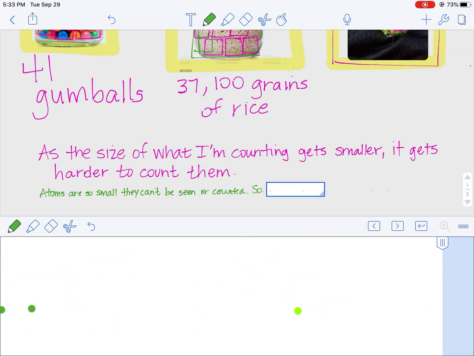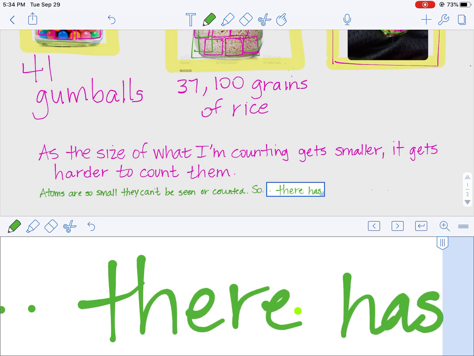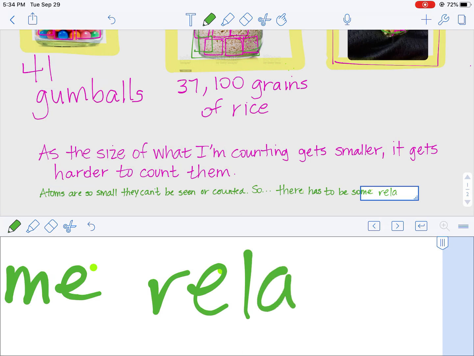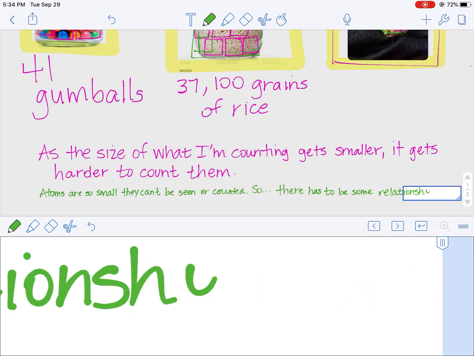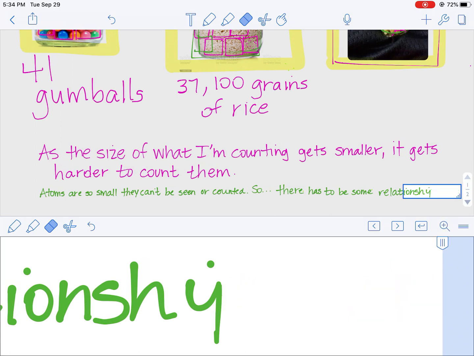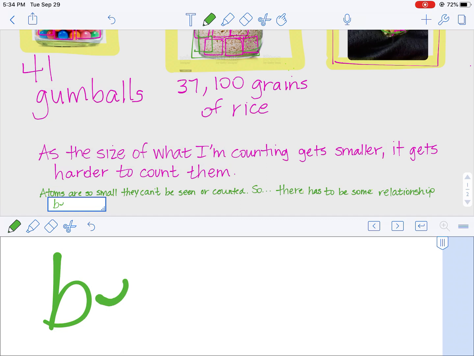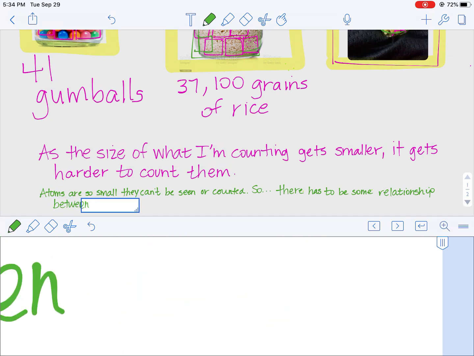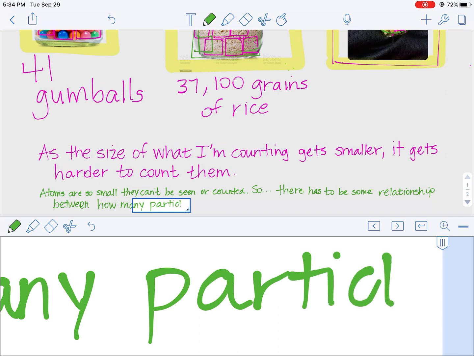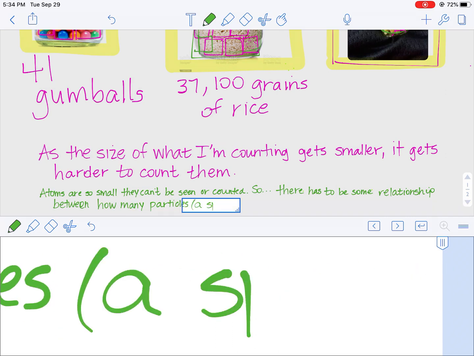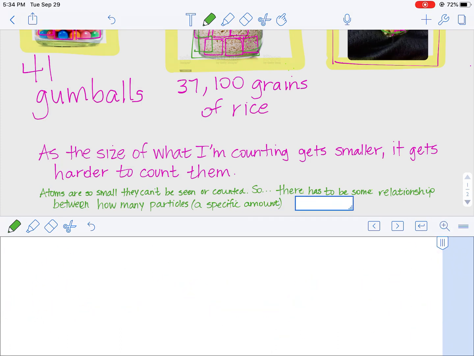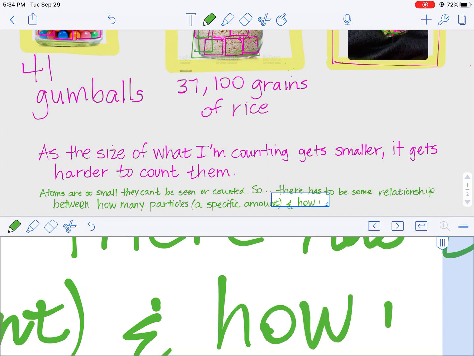So there has to be some relationship between how many particles, meaning a specific amount, and how much mass that has.